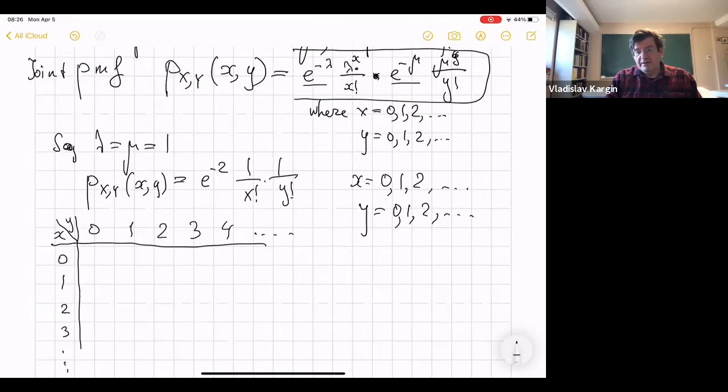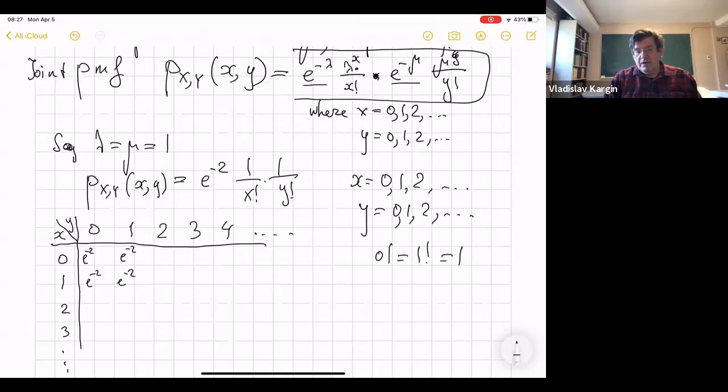And the entries here will be, everywhere, e to the minus 2, multiplied by 1 divided by 0 factorial, divided by 0 factorial, which is 1. So here will also be e to the minus 2, divided by 0 factorial and 1 factorial. Because 0 factorial is equal to 1 and 1 factorial is equal to 1.